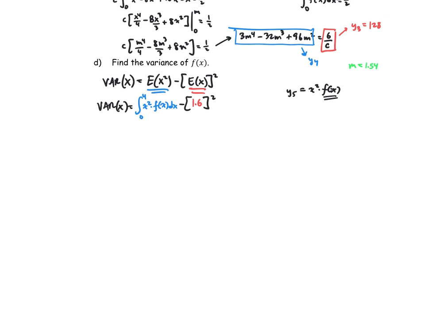Okay, so if I operate on that, and I say the variance of x is the integral from 0 to 4 of y5 minus 1.6 quantity squared, I came out with a variance of 0.64.